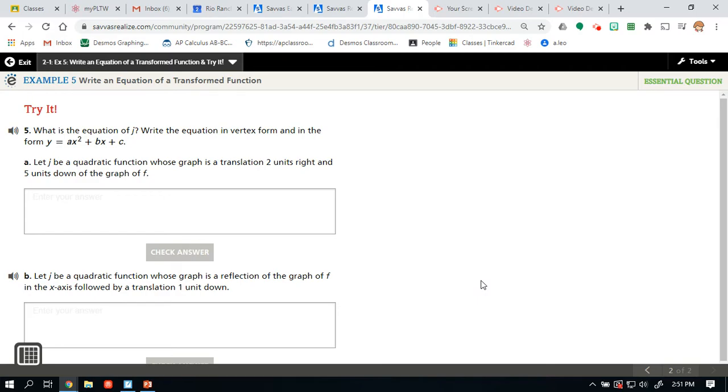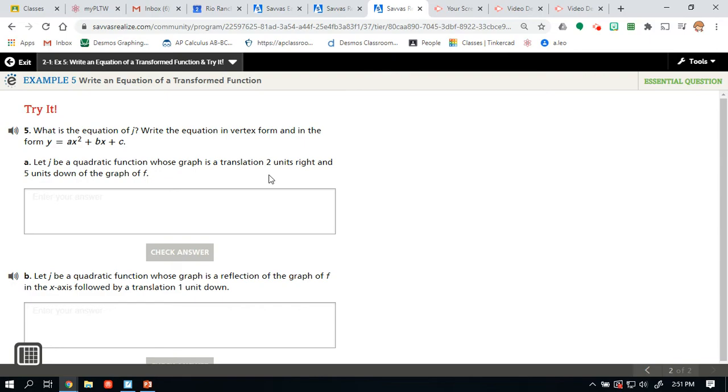So in this try, you're going to do what is the equation of j. Write the equation in vertex form and in the y equals ax squared plus bx plus c form. Let j be a quadratic function whose graph is a translation 2 units to the right and 5 units down of the graph of f. F is going to be your x squared graph. So again, your vertex, that center, that minimum point, is going to go 2 units to the right.